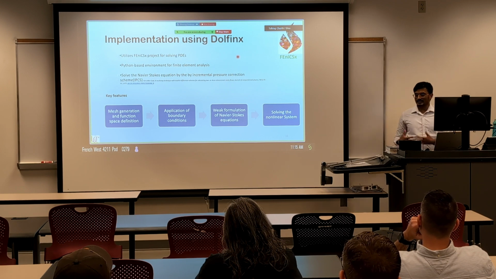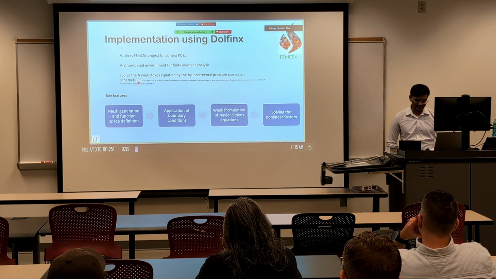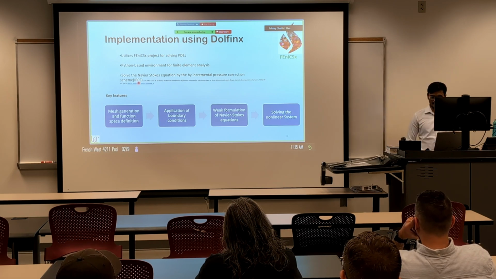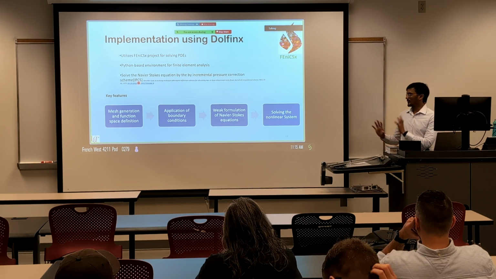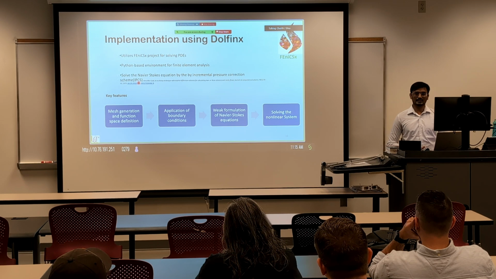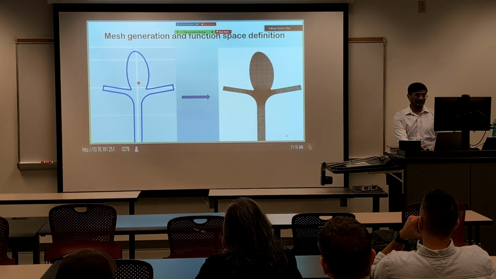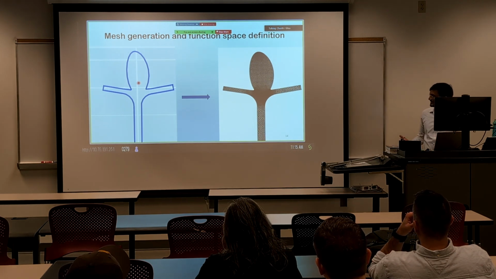And in that process of solving the equation, these are the key features that we cover. We have to generate a mesh, and then you have to apply the boundary conditions, and you have to formulate the problem, and step forward in time to solve the nonlinear system. So you mainly convert it to a system of equations and so on.